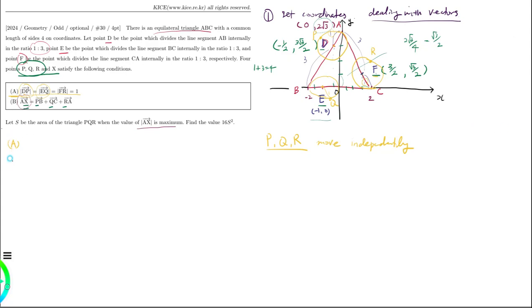The next question: how to deal with this condition. The vector AX is determined by the positions of P, Q, and R, which are all mutually independent. It's a sum of 3 vectors. How can we deal with this condition?